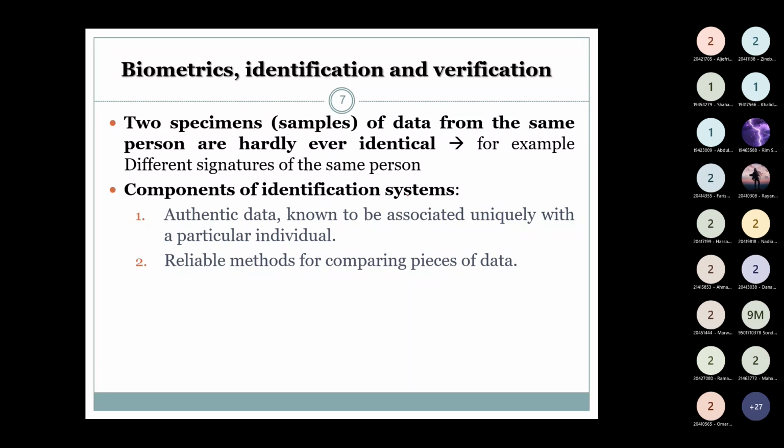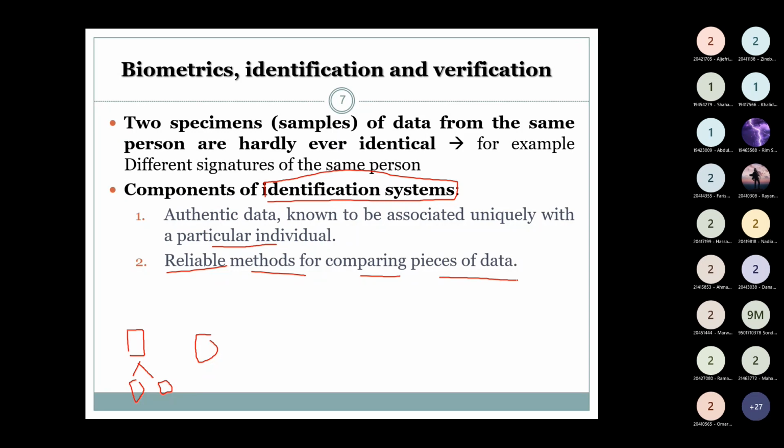So now, components of identification systems. These identification systems will hold authentic data known to be associated uniquely with a particular individual. So each citizen will have some data, for example, the fingerprint and the iris pattern, etc., and reliable methods for comparing pieces of data.